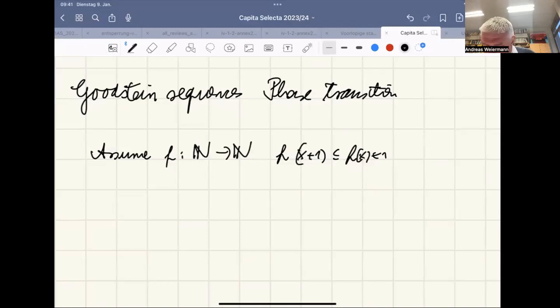We also assume that x is less than or equal to f of x. And if x is less than or equal to y, then we should have that f of x is less than or equal to f of y.